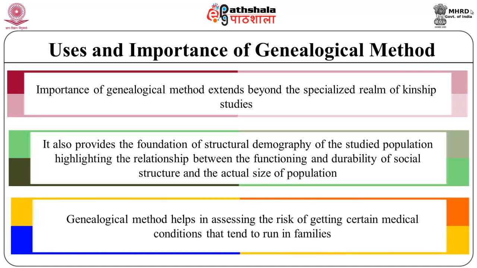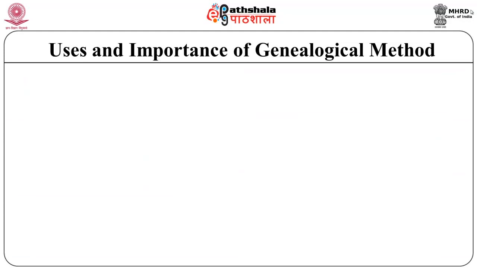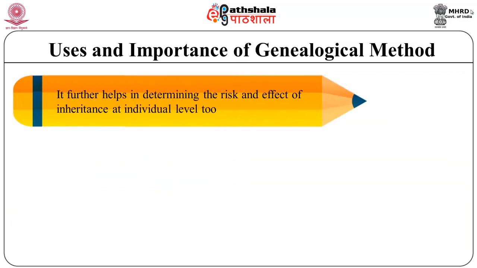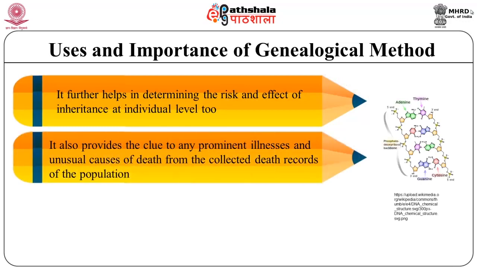The genealogical method helps in assessing the risk of getting certain medical conditions that tend to run in the families. Moreover, it further helps in determining the risk and effect of inheritance at individual level too. It also provides the clue to any prominent illness and unusual causes of death from the collected death record of the population.